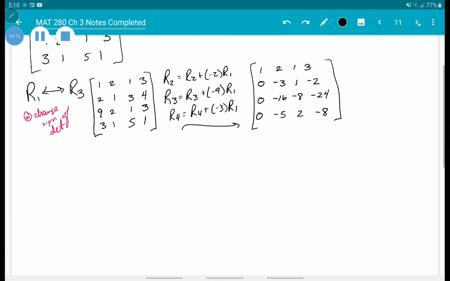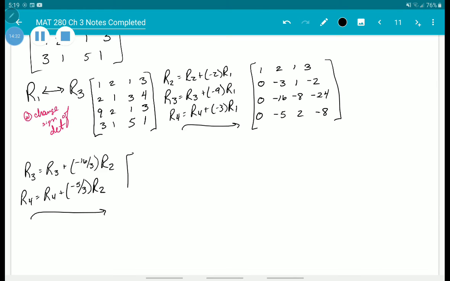So I am going to take row 3 and replace it with row 3 plus negative 16 over 3 times row 2. And then row 4 is going to be replaced with row 4 plus negative 5/3 times row 2. 1 and 2 stay the same.